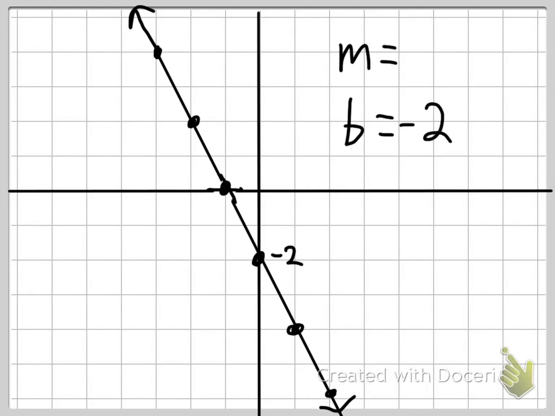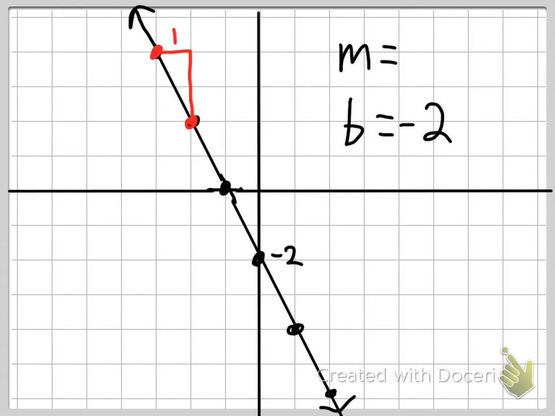Now we need to find our slope. To find the slope, you need to pick 2 points. It can be any 2 points as long as they are going through an actual coordinate. So you could use the y-intercept if you wanted, but we don't have to. Let's go up here. I'm going to do this in red. So I'm going to go from this point to this point.